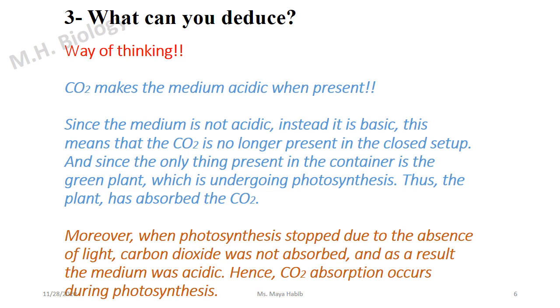And since the green plant is the only thing that is present in the container, this means that it was the plant which absorbed the carbon dioxide. Moreover, when photosynthesis stopped due to the absence of light, carbon dioxide was not absorbed anymore, and as a result the medium was acidic. This actually proves that the absorption of carbon dioxide occurs during photosynthesis.